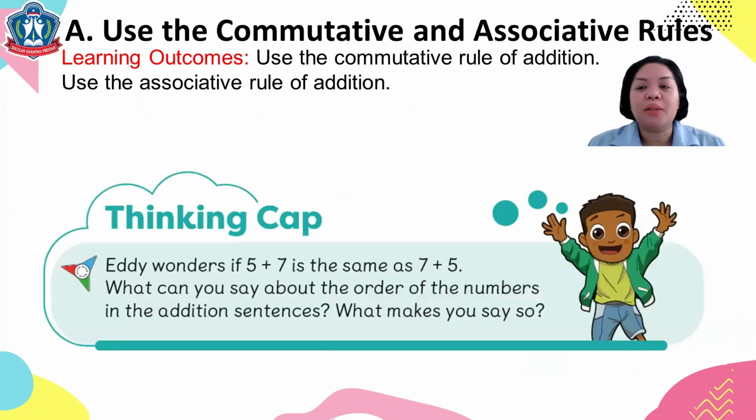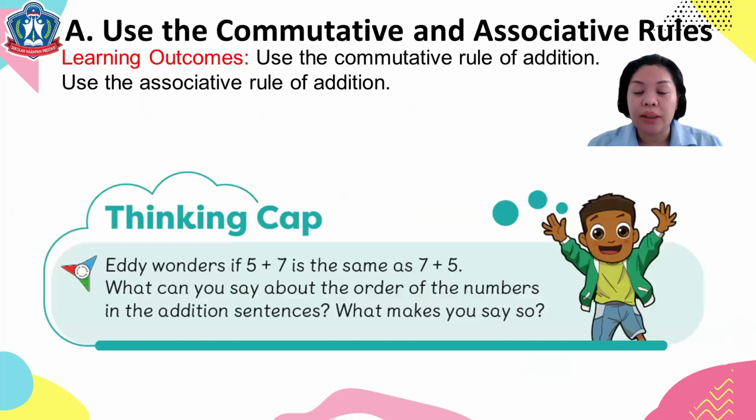Okay. Now, Eddie wonders if 5 plus 7 is the same as 7 plus 5. So what can you say about the order of numbers in addition sentences? What makes you say so? So have you noticed, children, that if we add 5 plus 7, that is 12, and 7 plus 5, that is also 12.